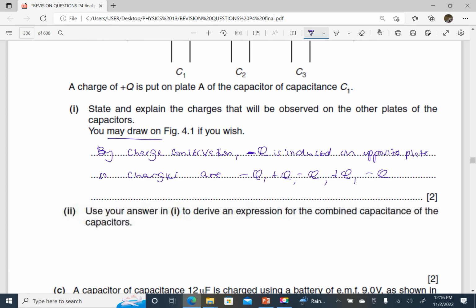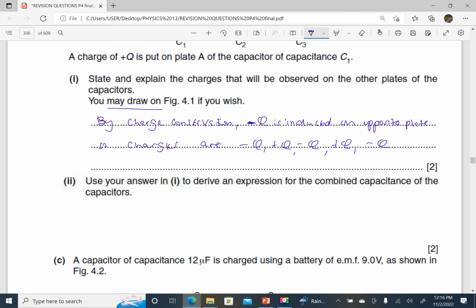Use your answer in Roman 1 to derive an expression for the combined capacitance of capacitors. Since they're in series, the charge is the same. So we know that the total PD, V, will be the sum of the PDs across each, that is V1 plus V2 plus V3. And we know that Q is the same.